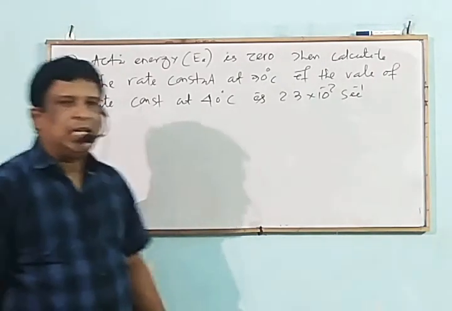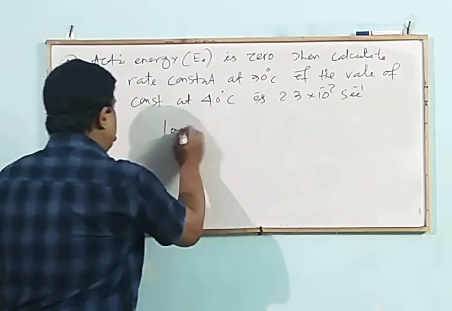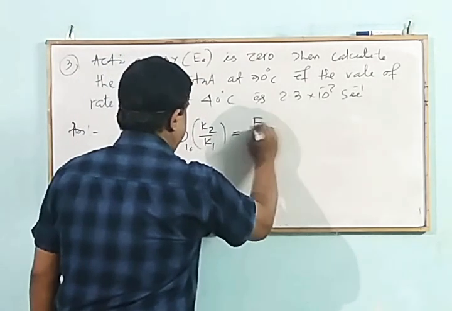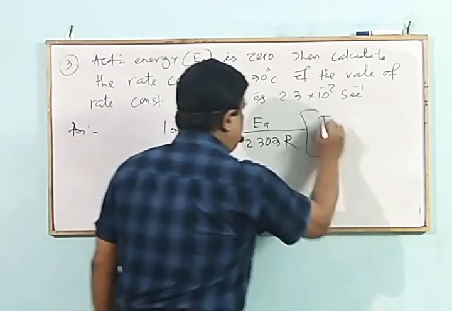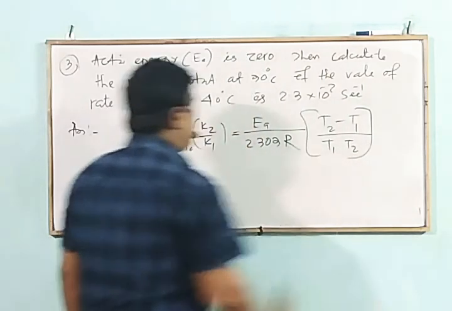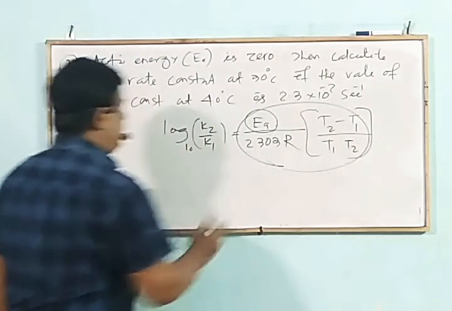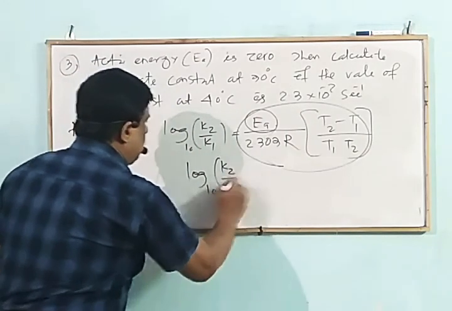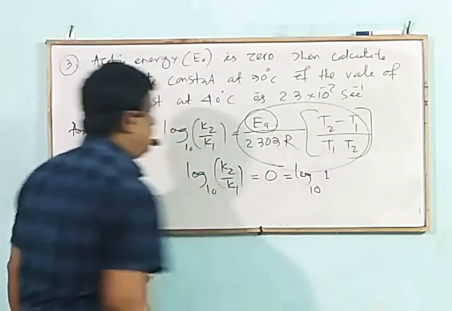Question: given that the activation energy is 0. We know the formula: log 10 K2 by K1 is equal to EA by 2.303 R into (T2 minus T1) by T1 into T2. Given that EA is 0, the total term is 0, so log 10 K2 by K1 is equal to 0, that is log 1, and log 1 is 0.